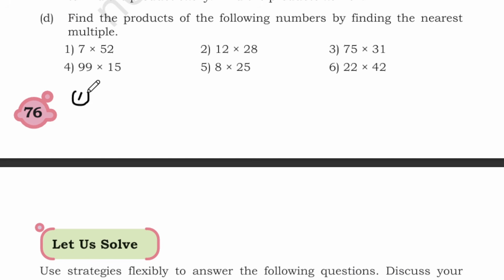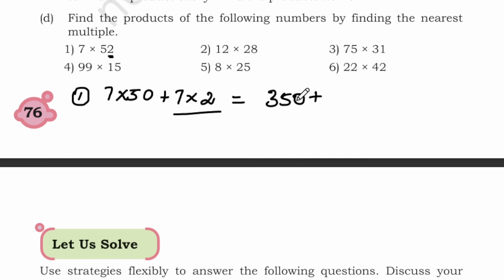So what I am going to do is 7 into 50 plus 7 into 2, because here we have 50 and here we have 2, which is 52. So 7 into 50 is 350 plus 7 twos are 14. So 350 plus 14 is 364.